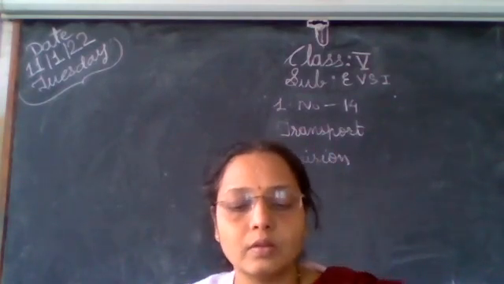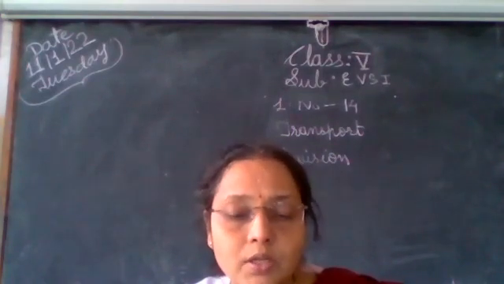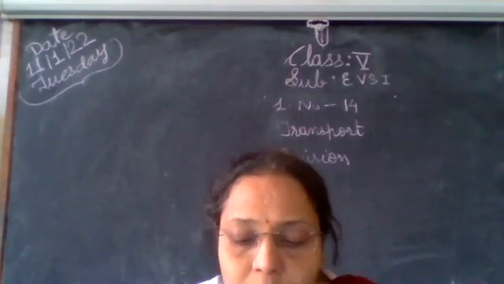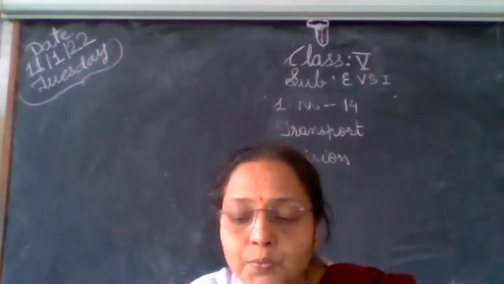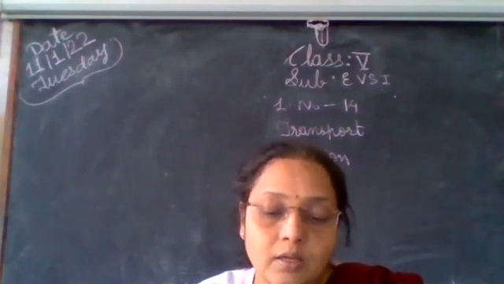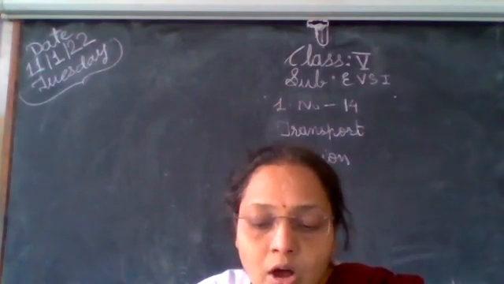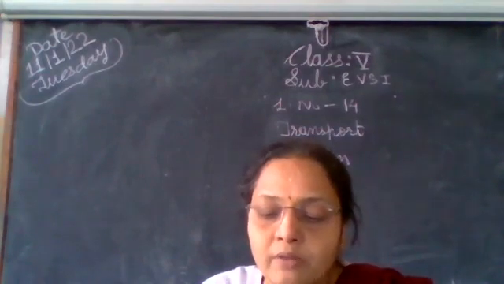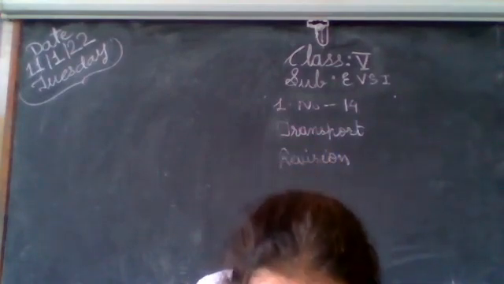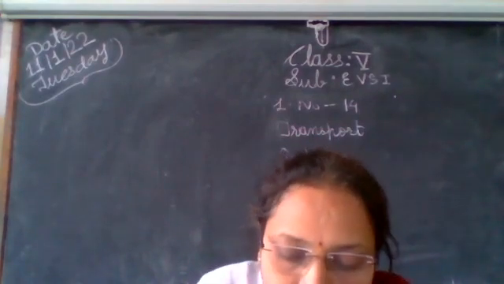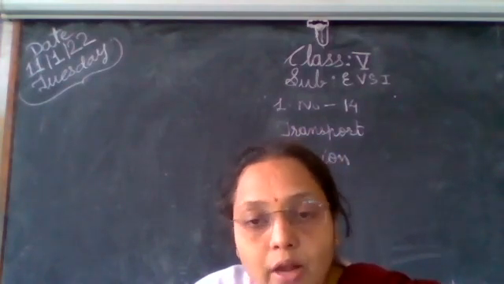Now, next question, write the following questions in brief. Write 5 sentences on how you have benefited from transport facilities. Answer: I have benefited from transport facilities in the following ways.